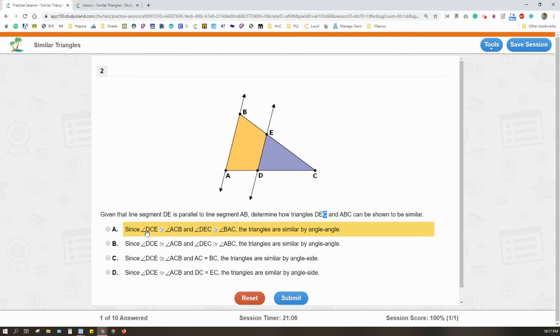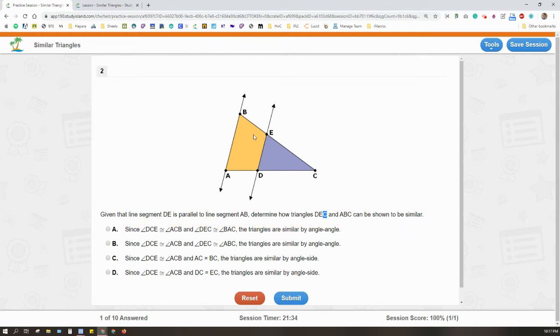Since angle DCE, okay, let's find DCE. Okay, that's angle C. Since angle DCE is congruent to angle ACB, well, where's ACB? ACB, yeah, that's angle C again. So obviously it's congruent to itself. And angle DEC, that's this one, what I was calling angle E in my diagram, is congruent to BAC.